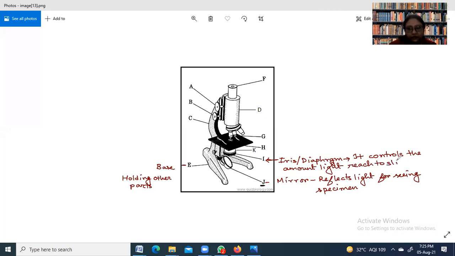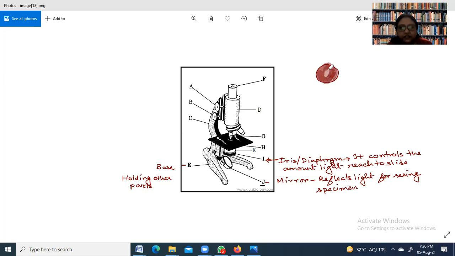What happens is, it is a membranous structure. If you look into the condenser lens, this structure is a membranous structure. If it is partially closed, then this much light can enter. If it is half closed, then this much light.